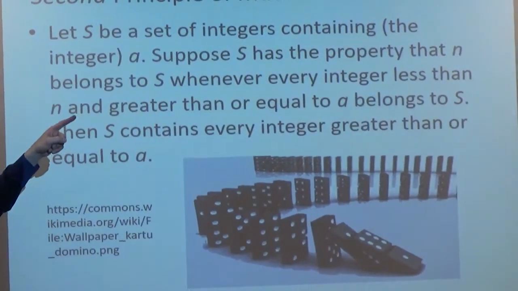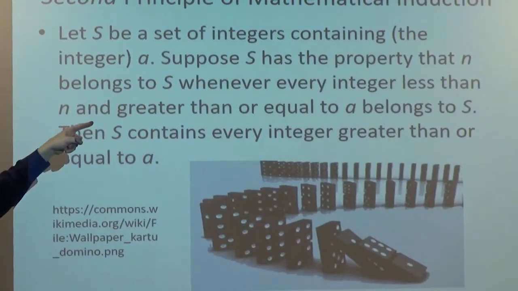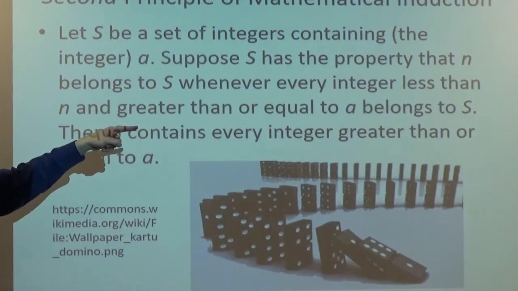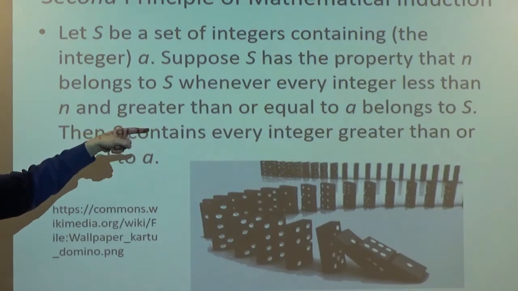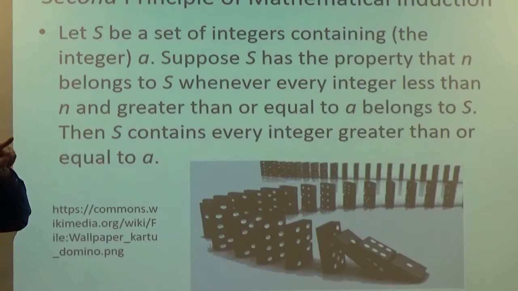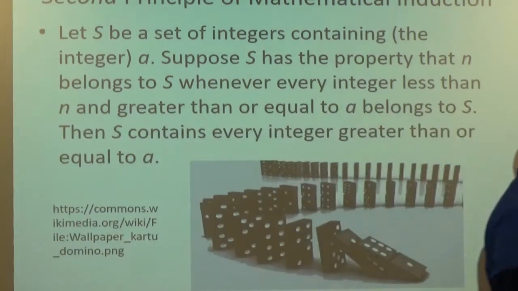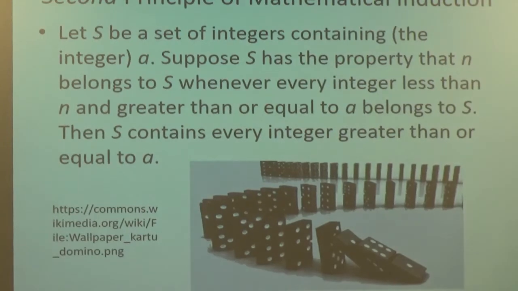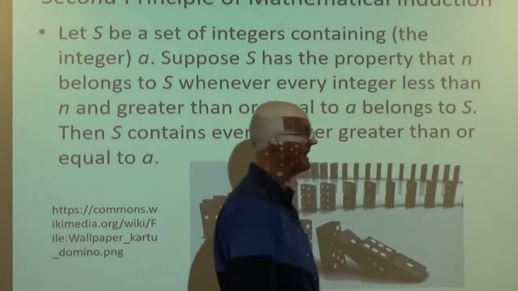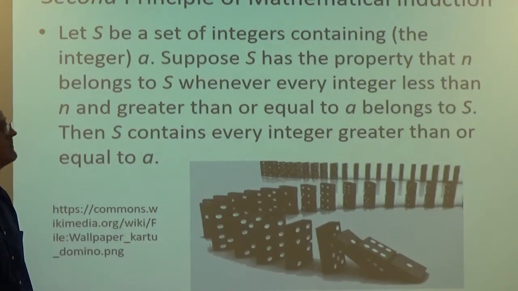Suppose S has the property that n belongs to S whenever every integer less than n and greater than or equal to a, which is 2 in this case, belongs to S. So if I can show that this assumption helps me conclude that n is in S, then I can apply the second principle of mathematical induction to say that S contains every integer greater than or equal to 2.